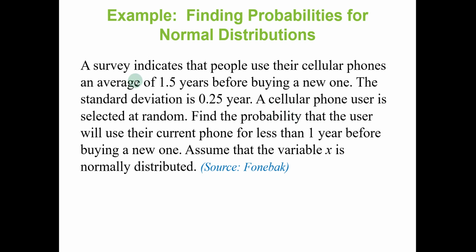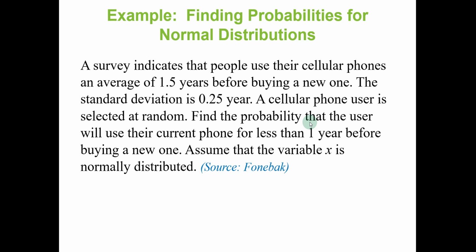So let's take this example. In this case, you've been given the average as 1.5. You've been given the standard deviation as 0.25. And you are being told that you should compute the value for less than 1.